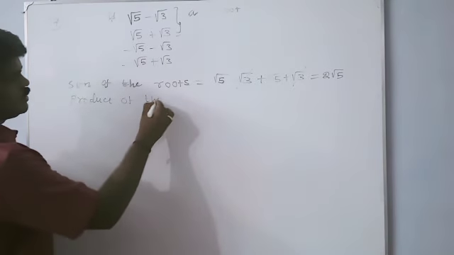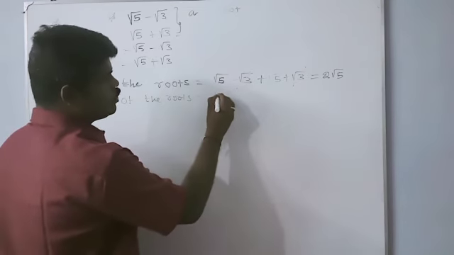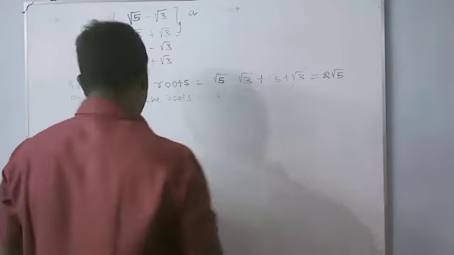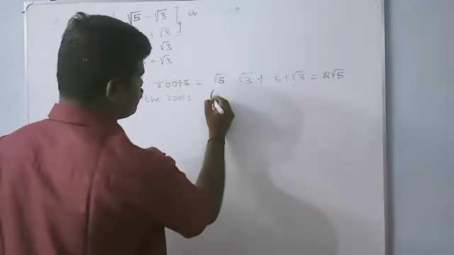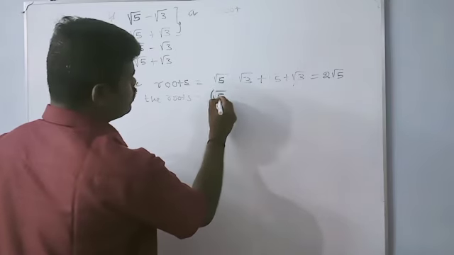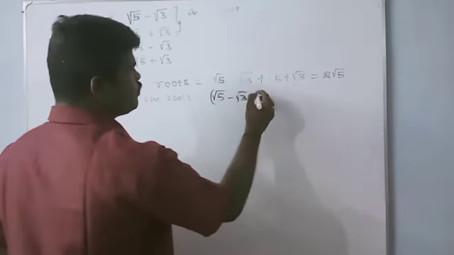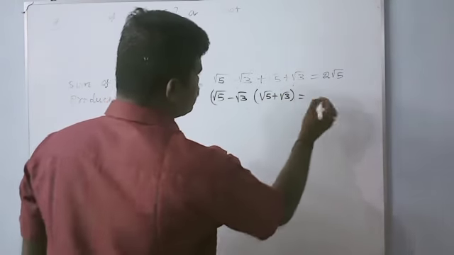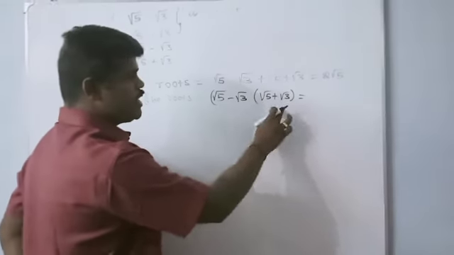The product of the roots is equal to root 5 minus root 3 into root 5 plus root 3. So this is the form of a plus b into a minus b.